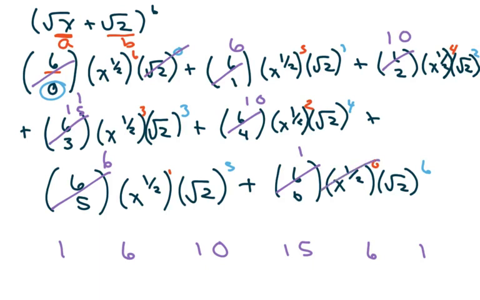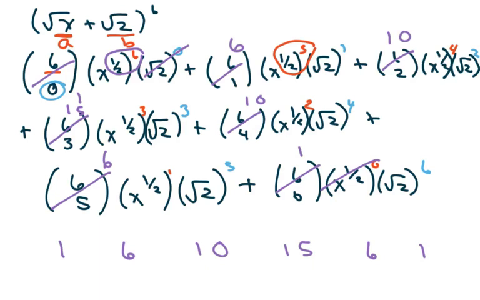Also, I can simplify this. So when I multiply those, that's going to be x cubed. This is going to be 5/2. Do you see? You're just multiplying. This will be 2.